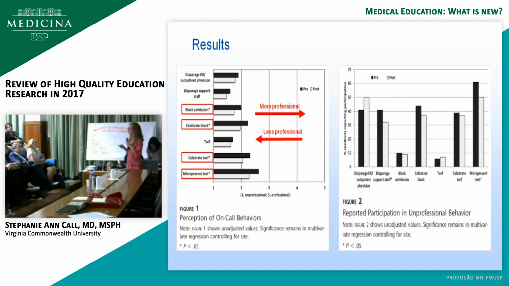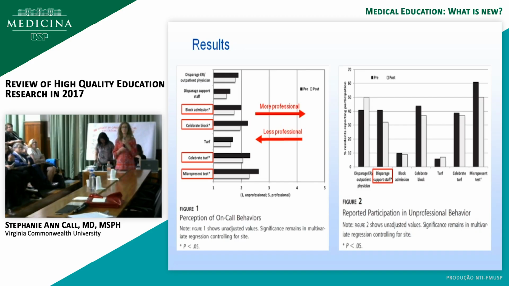They also asked the residents, do you actually participate in unprofessional behavior? And again, the dark is pre the workshop, the white is post the workshop. On the y-axis is a percentage of residents reporting participation in unprofessional behaviors. And so you can see here that pre the workshop, about 40% of residents said that they disparaged or said not so nice things about their emergency medicine colleagues in medicine.